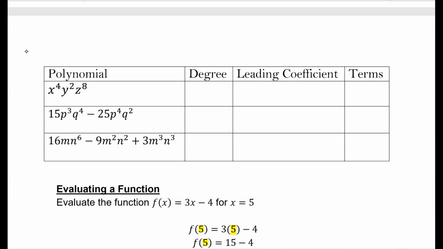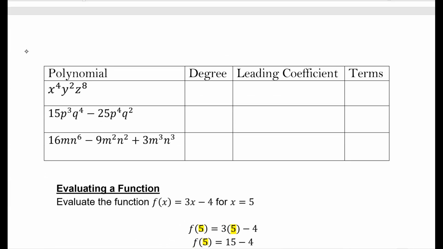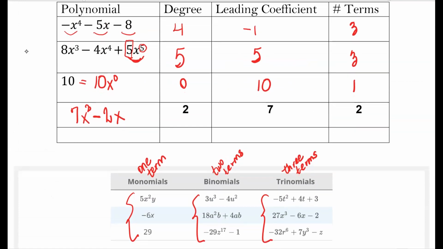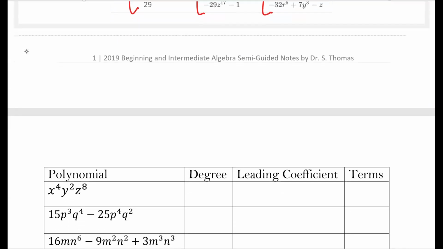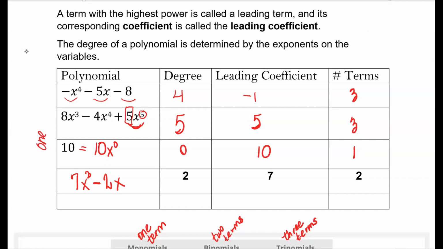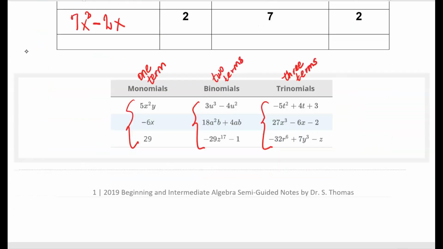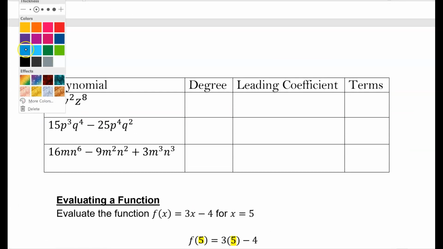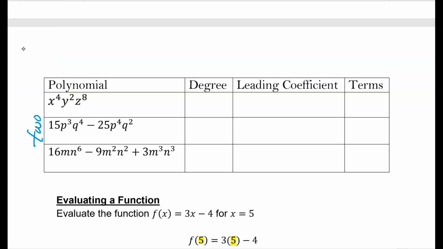Now, this next page is a little different. What's different from these examples here than these examples here? Well, the difference is that we had one variable in these examples, but now we're switching it up, right? So notice we have 2 or 3 variables.